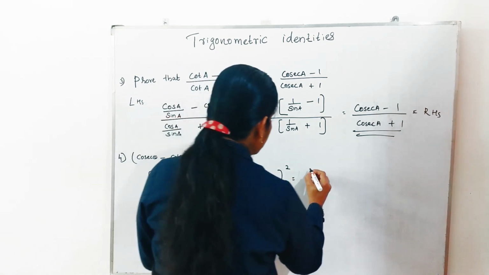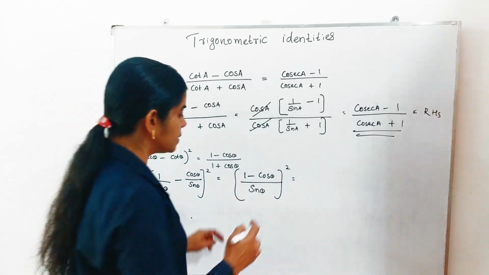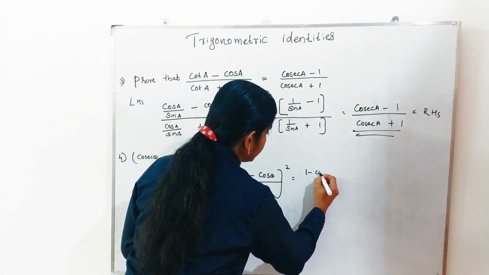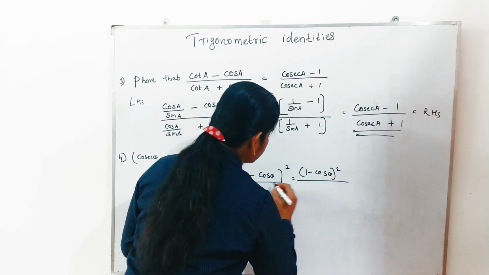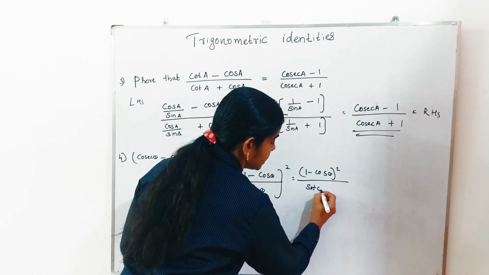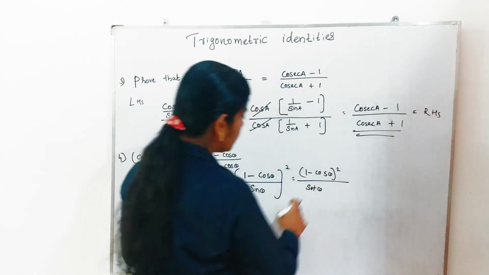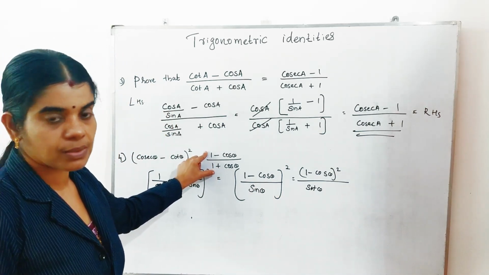Whole square means numerator is also squared, denominator also squared. So we can write 1 minus cos theta whole square divided by sin square theta.